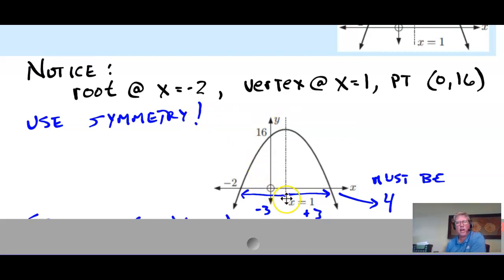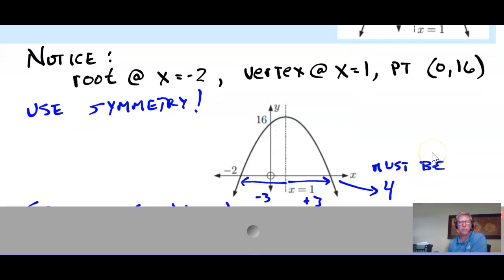So if we are -3 away from the line of symmetry here, then we're probably +3 away from this one. So that makes that other root 4. So with a little Encyclopedia Brown, a little detective work, we can find the other root.